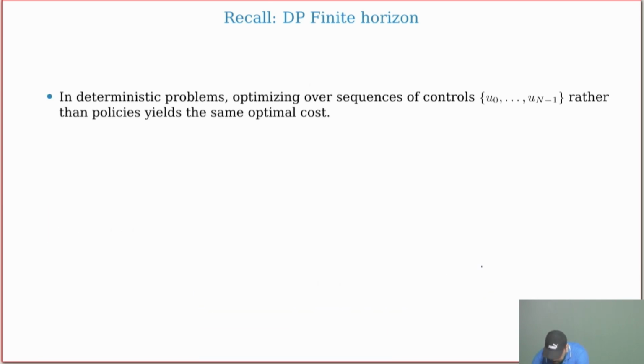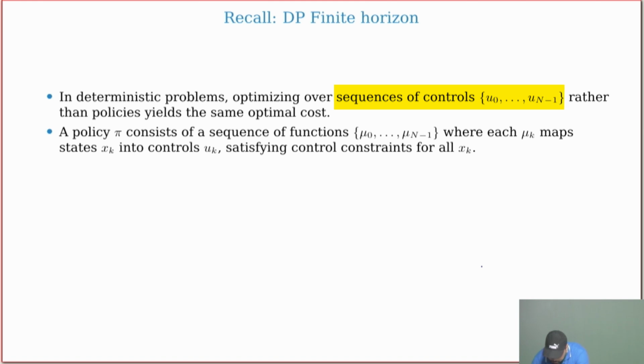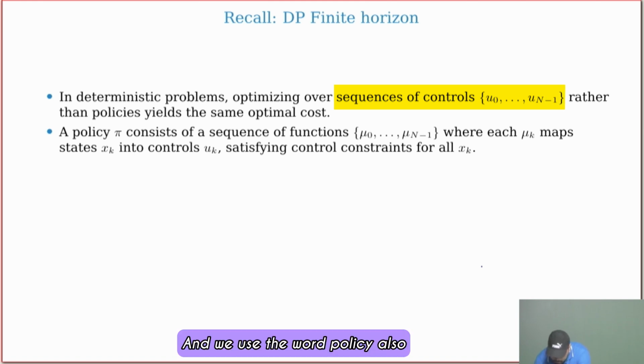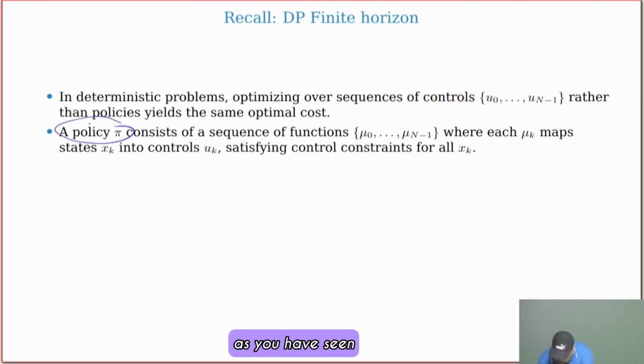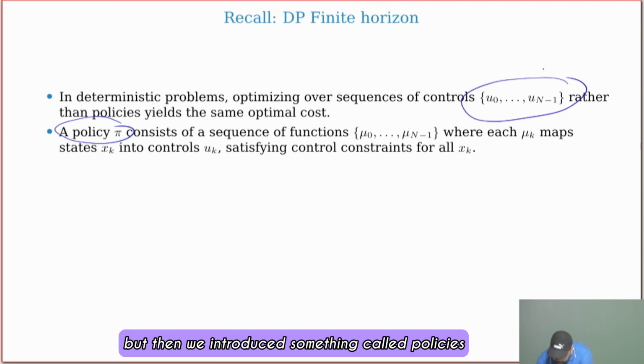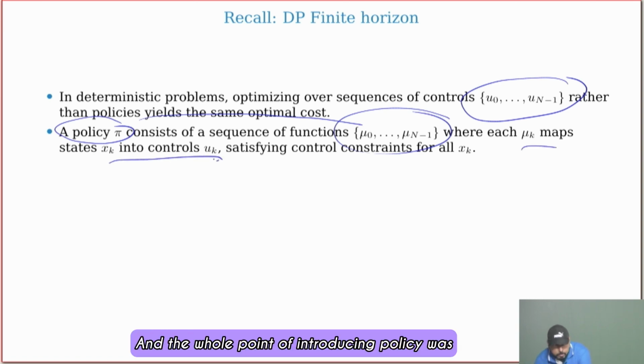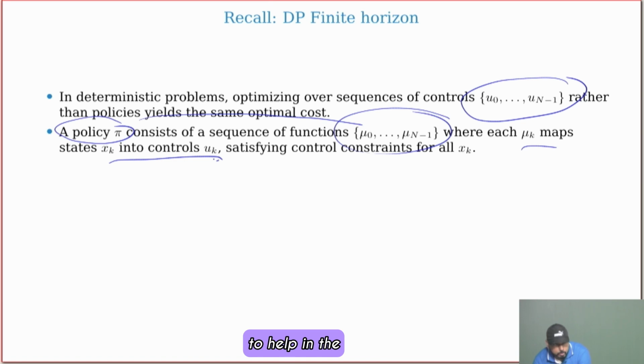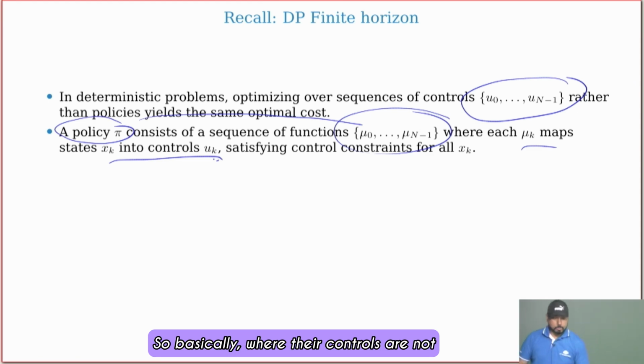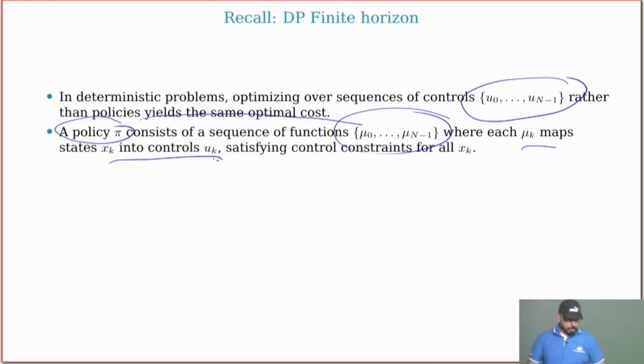Obviously in DP we optimize over the sequence of controls, and we use the word policy also. As you have seen, we started with controls, but then we introduced something called policies. Policies are given by mu. These policies, mu k, map xk into controls uk, and the whole point of introducing policy was to help in the stochastic case, basically, where controls are not necessarily fixed.